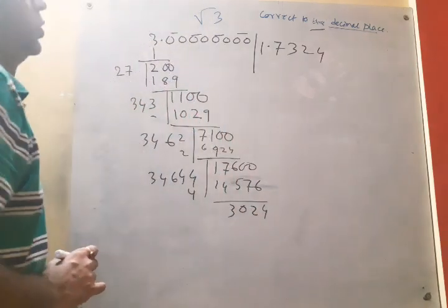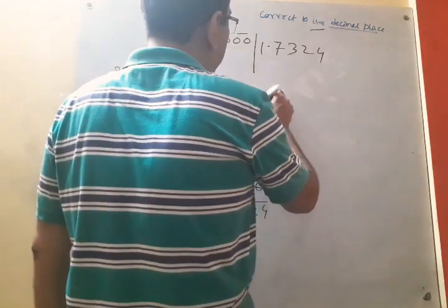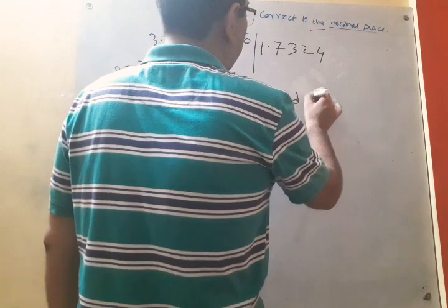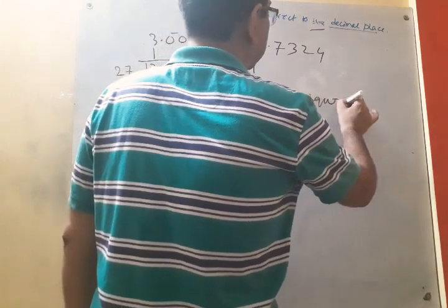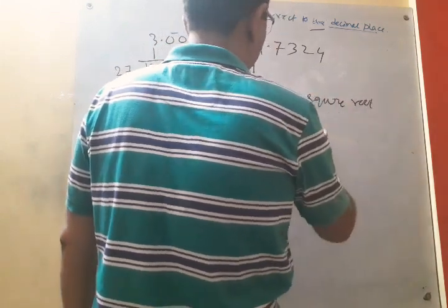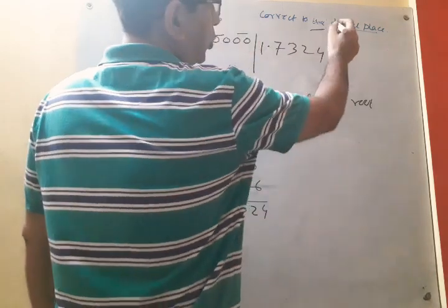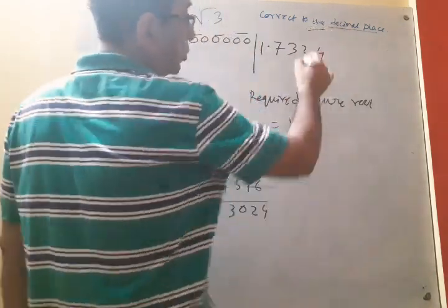Right. So 1.73, the required square root equals 1.732. Correct up to 3 decimal places. So this is the target.